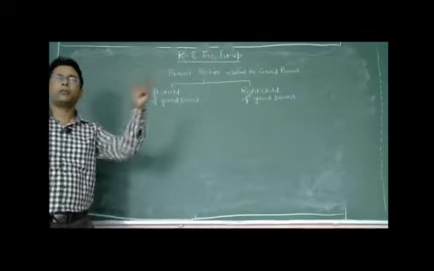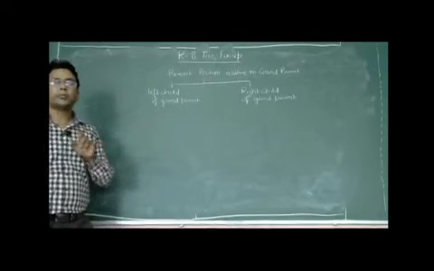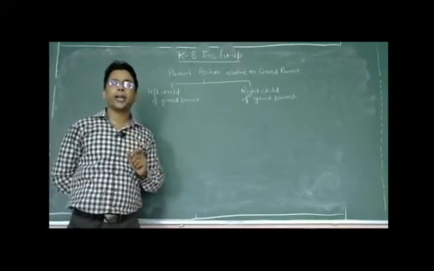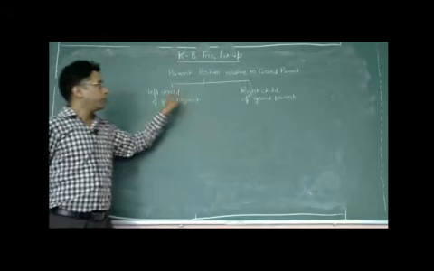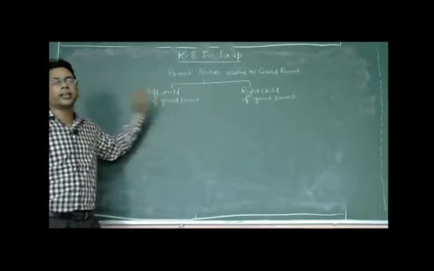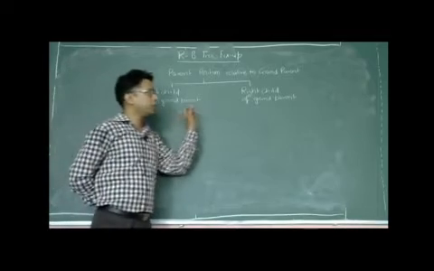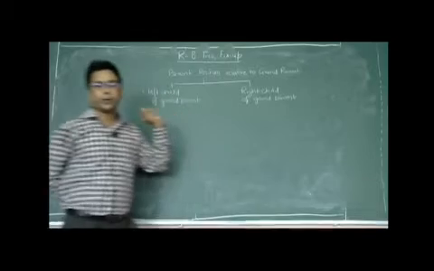So first of all, we classify into two categories depending upon the position of the parent relative to the grandparent. One category is in which the parent is the left child of the grandparent. The second category is in which the parent is the right child of the grandparent.